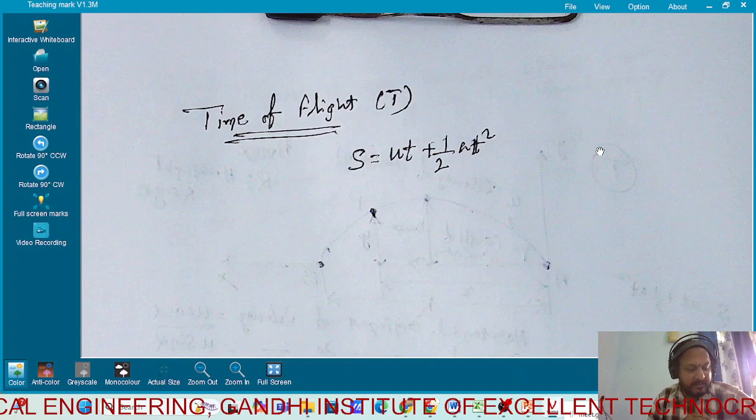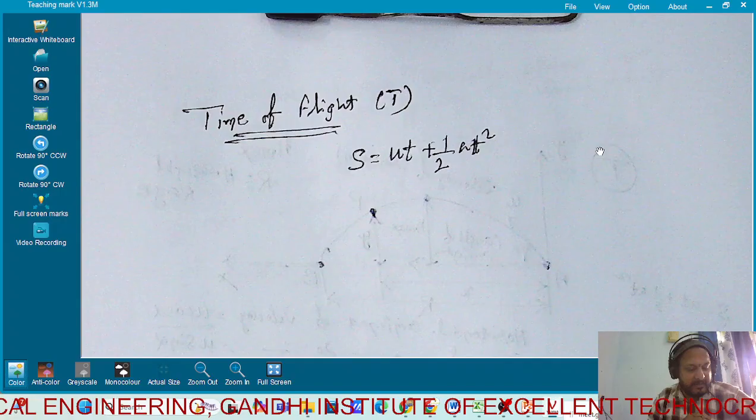It is going here, and it has some distance y. Finally, when it reaches here, what is y here? So 0. Did you get my point? Y means distance from the x-axis. So when it reaches point B, y will be 0.